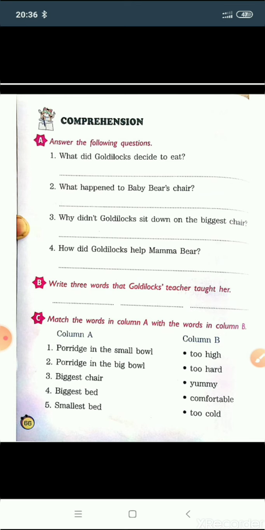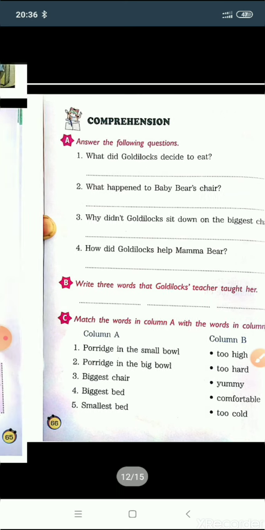Now coming to B. Write 3 words that Goldilocks's teacher taught her. Children, as we have seen, Goldilocks's teacher had taught her a rhyme, and that rhyme had 3 polite words. And what were they? Let's go to that page.